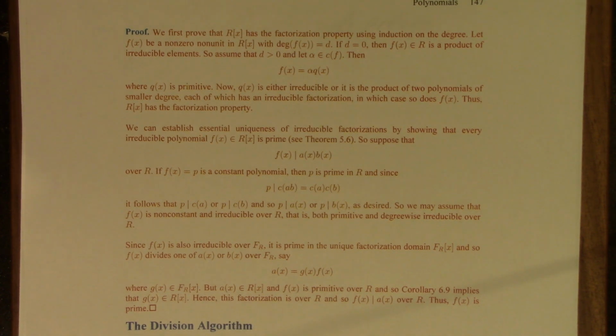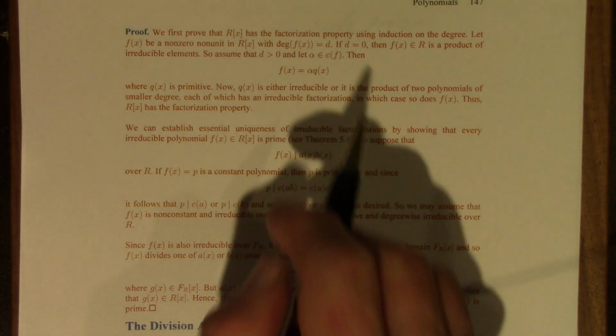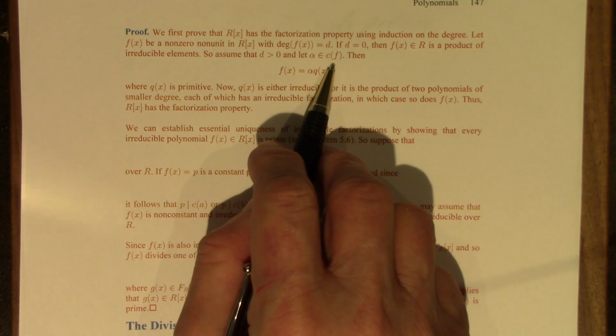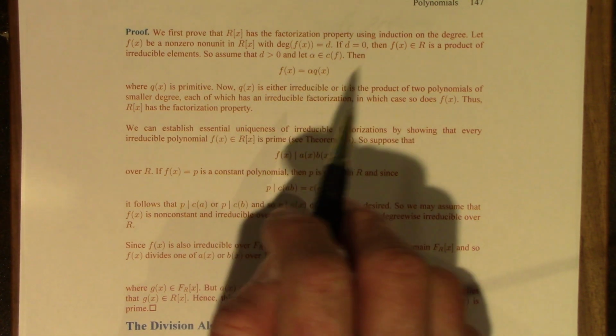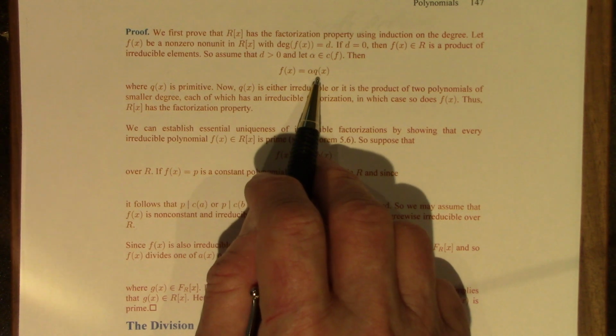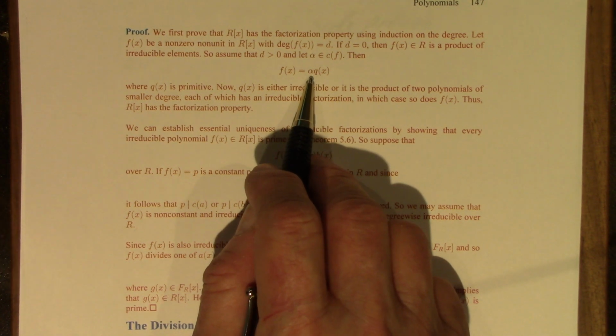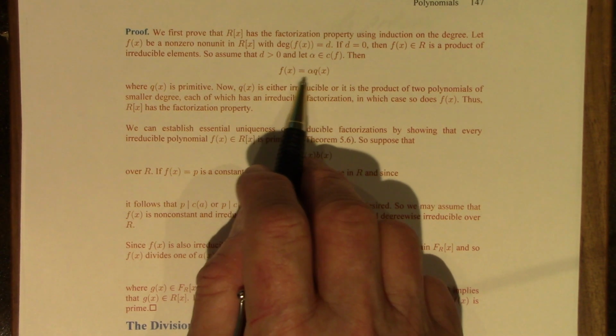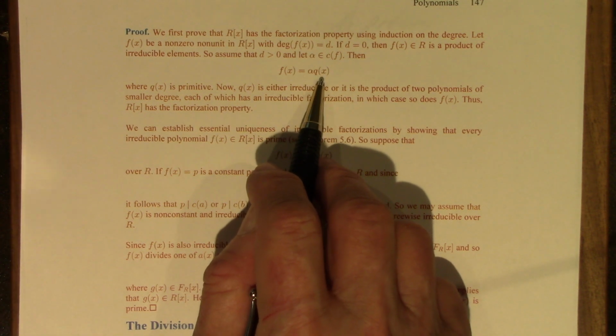So let's assume that d is greater than 0, and let alpha be a content of f. Then we can factor as before, factor out alpha, and f of x equals alpha times q of x, where q of x is primitive.